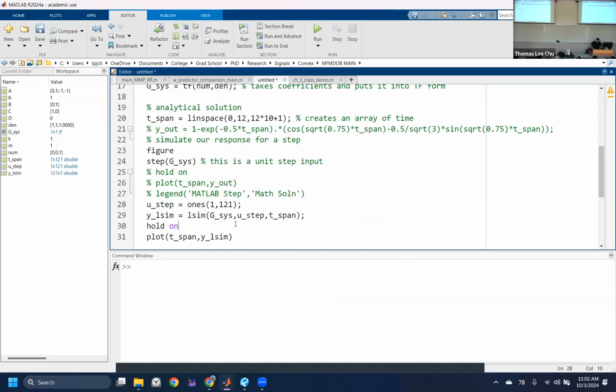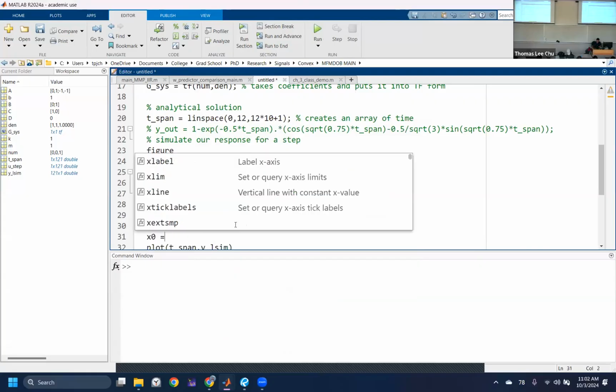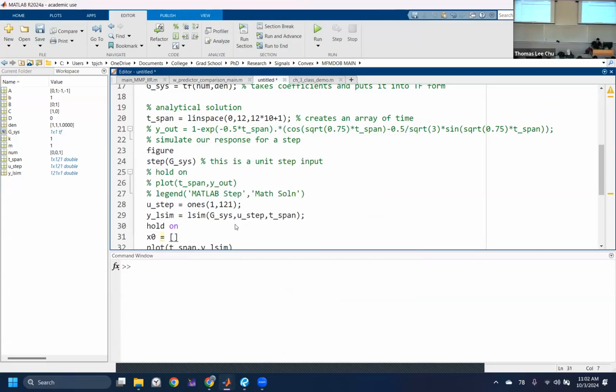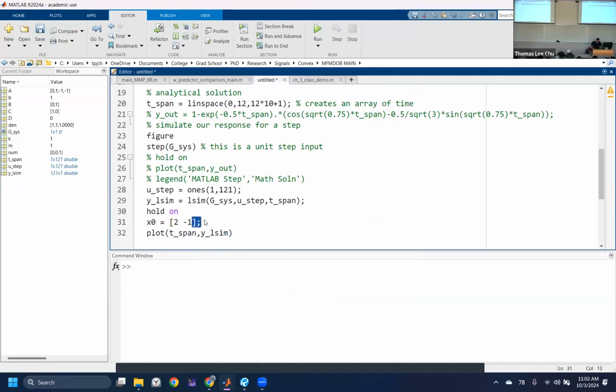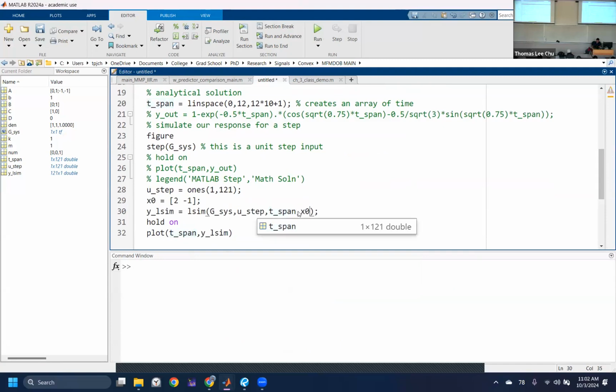But let's say I give an initial condition. Now I call it x naught is equal to, let's give initial condition 2 and maybe a velocity of -1. Then I can plug it into here. I believe it should be either a column vector or row vector. I don't remember. We'll see if MATLAB gets angry at me.